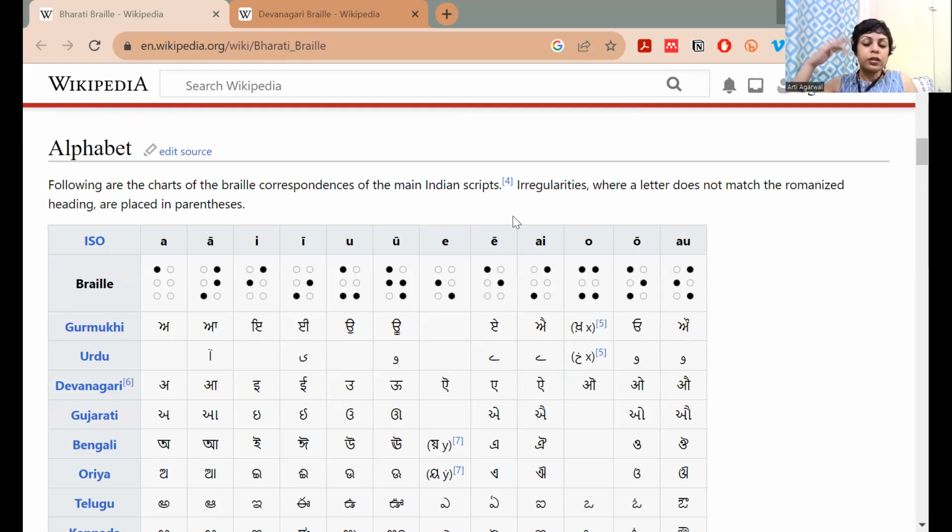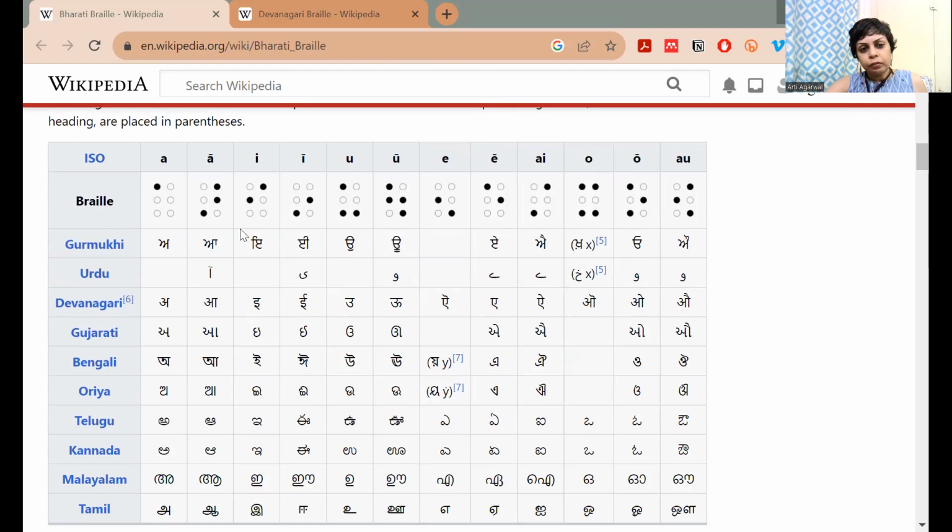Some languages, of course, have additional vowels, additional consonants, additional different systems, but some of them are similar. So what they have tried to do in the Bharatiya Braille is that they all have the same braille, the same code.